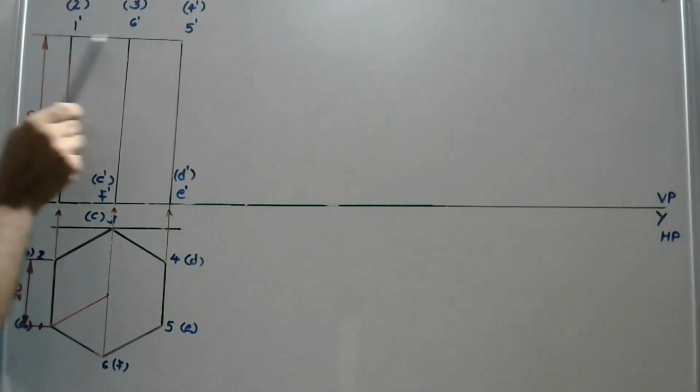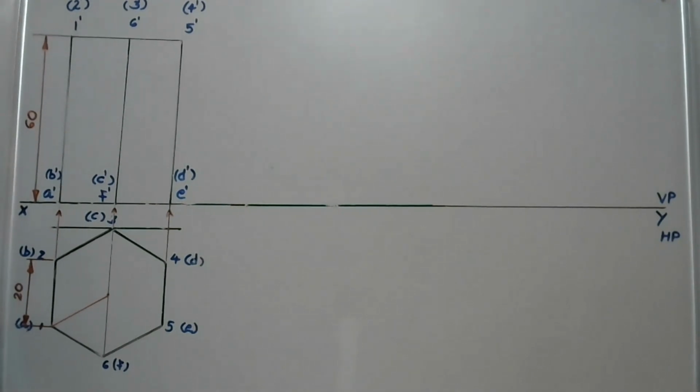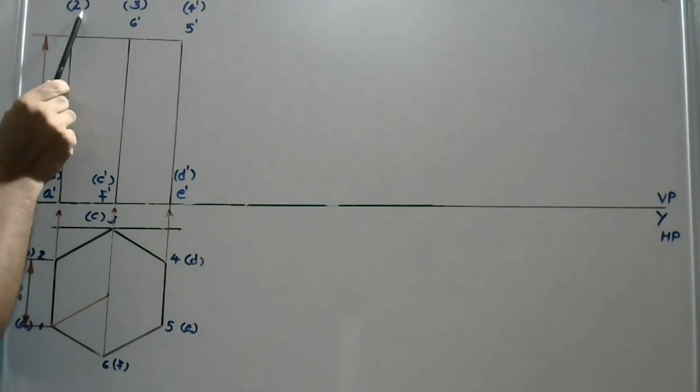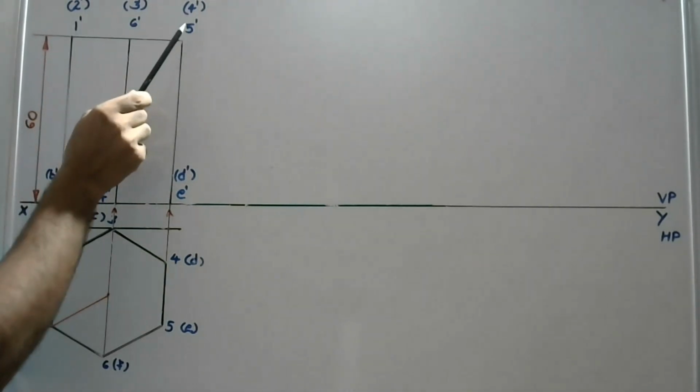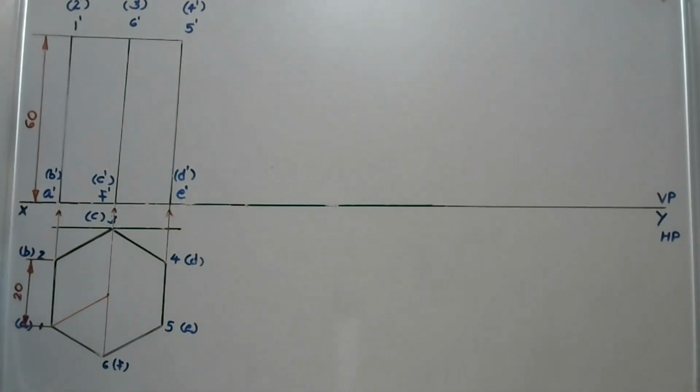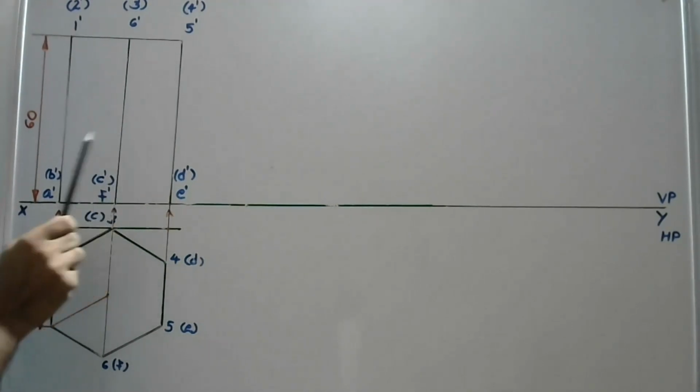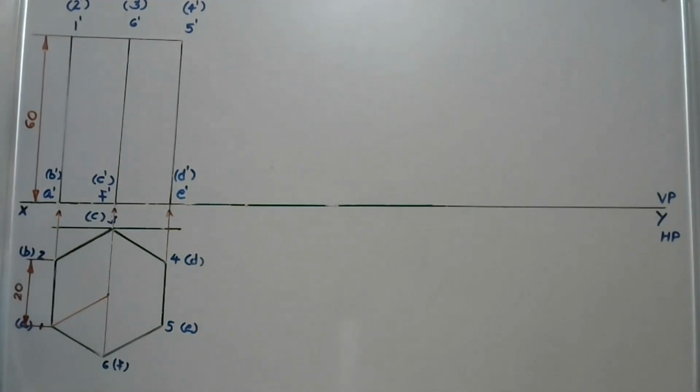So the top side of the hexagonal shape is named 1 dash, 2 dash, 3 dash, 4 dash, 5 dash, and 6 dash respectively. In the front view, we can see the A1 6F rectangle and 65 EF rectangle. These 2 rectangles are visible in the front view.